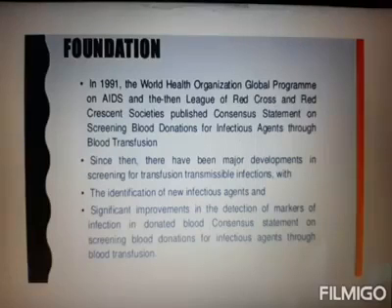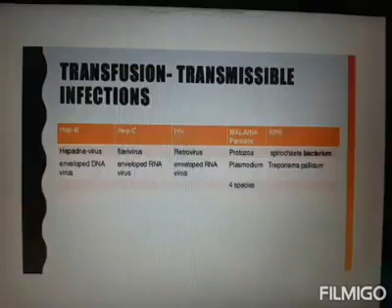Then there have been major developments in screening for transfusion transmissible infections with the identification of new infectious agents. The transfusion transmissible infections that we are going to consider in this course include hepatitis B, C, and HIV virus.